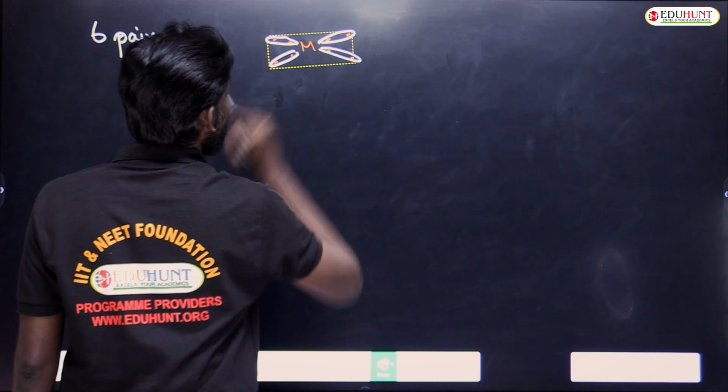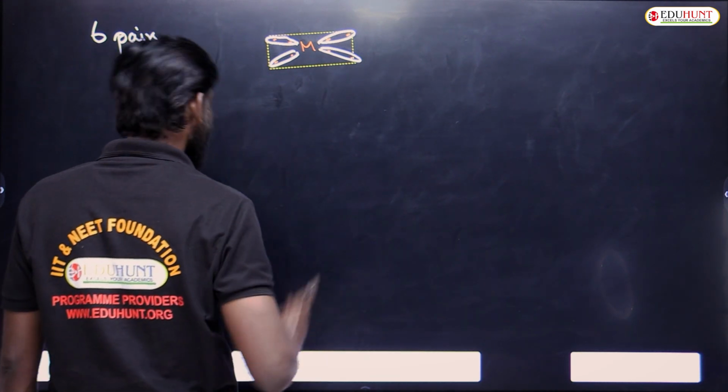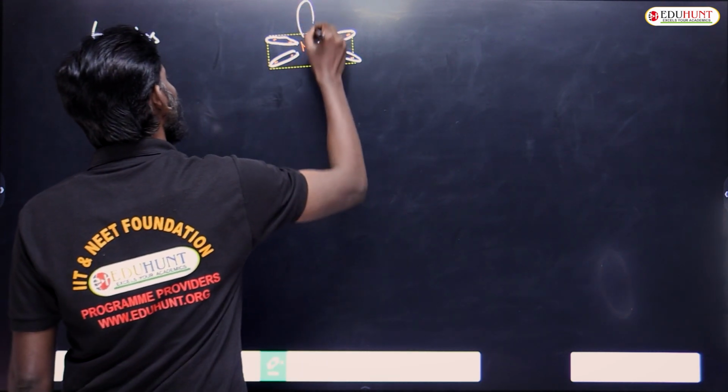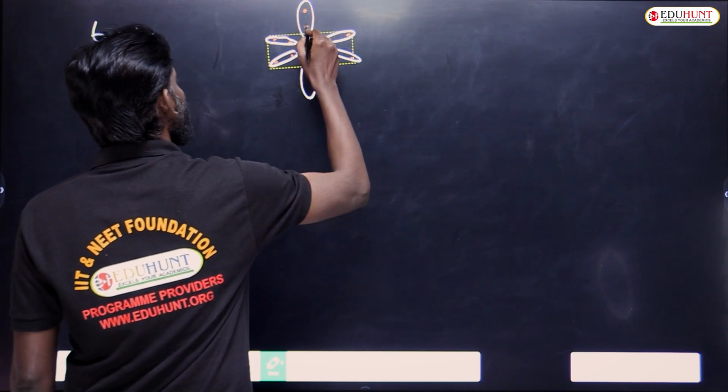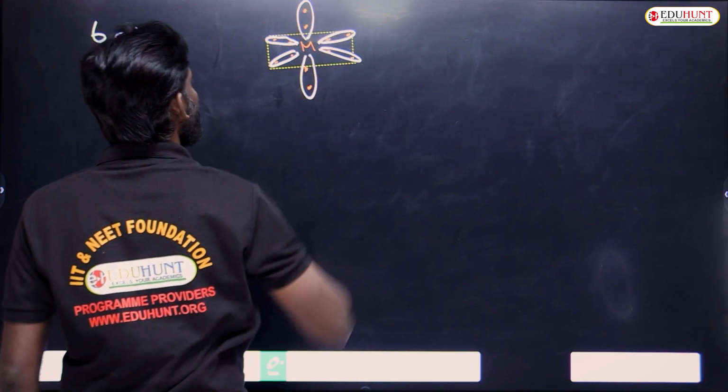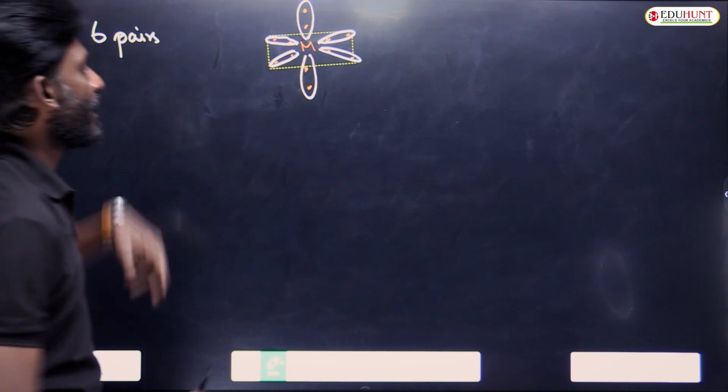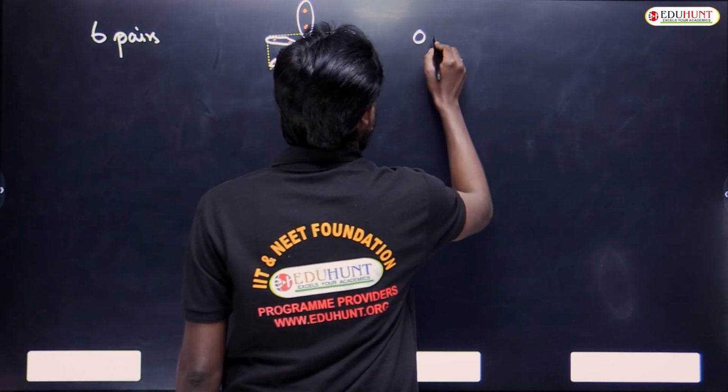Now make 2 more pairs, 1 pair above the plane, 1 pair below the plane, like this. So this geometry is octahedral. This is called octahedral geometry.